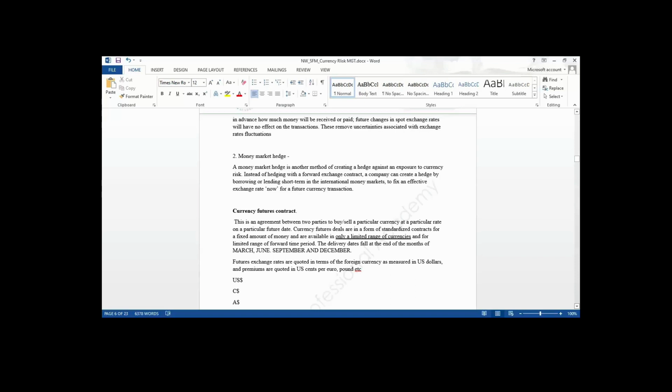That is, I'm going to borrow an amount in dollars today. The amount the company borrows, plus the interest payable on the borrowing, must equal the inflows we are expecting in 3 months. That is the concept of money market hedging.